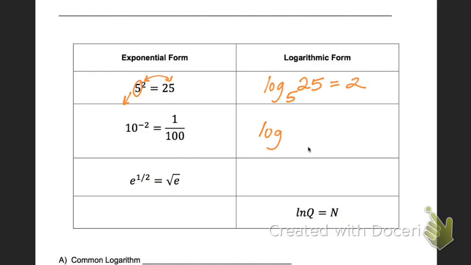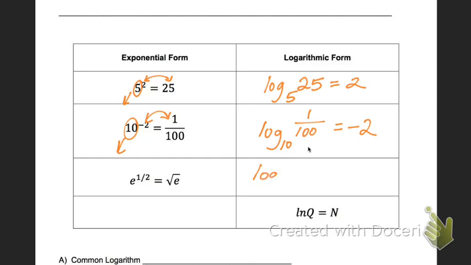So it's log, what becomes the base? 10 of what? 1 over 100. Good. Equals negative 2. Good. So the 10 comes down, the negative 2 and the 1 over 100 will switch. Okay, what about the next one?